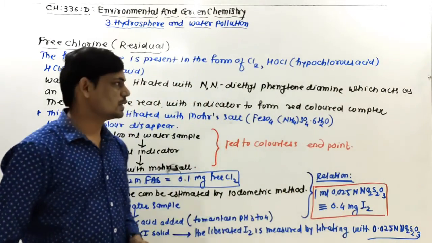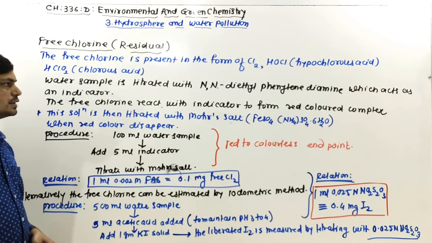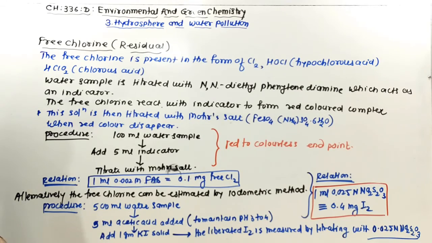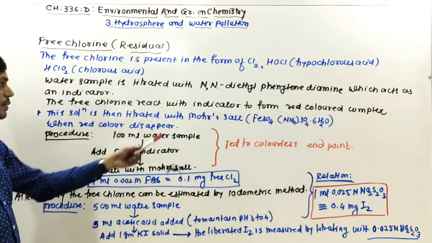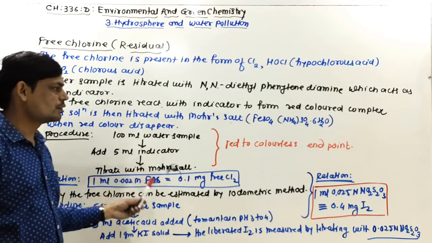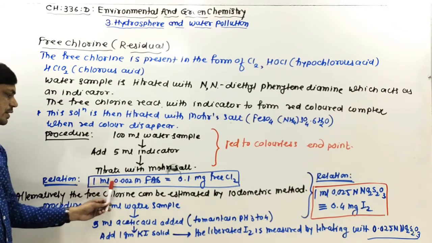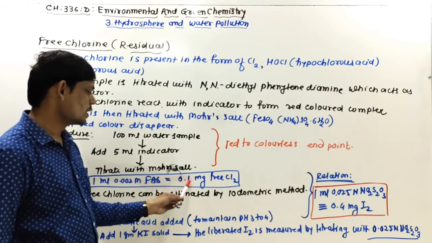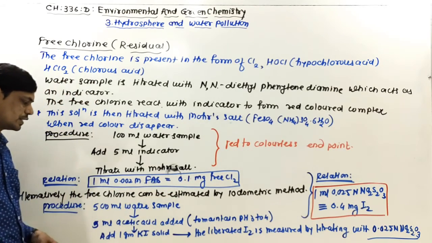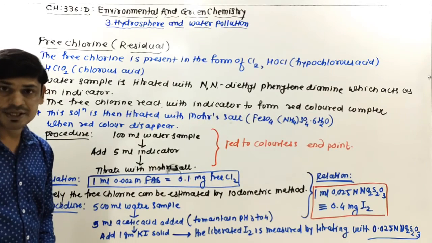So in the first method, the free chlorine is estimated by titrating the red colored complex of chlorine with N,N-diethyl phenylenediamine with Mohr's salt. The end point will be red to colorless, and the free chlorine is estimated by using the relation that 1 ml of 0.002 molar FAS corresponds to 0.1 milligram of free chlorine. Alternatively, chlorine can be determined by iodometric titration.